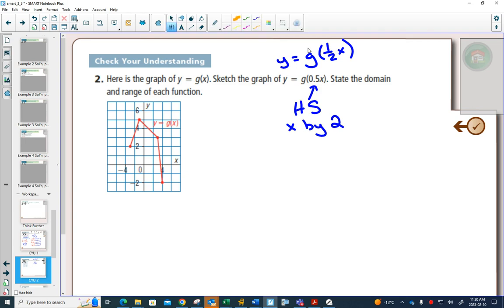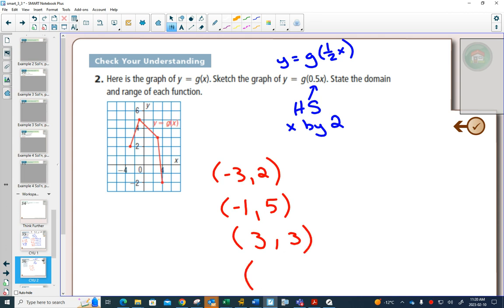If we draw our arrow diagram this time, let's label these 4 key points. We have (-3, 2), (-1, 5), (3, 3), and (4, -2). Draw our arrow diagram.